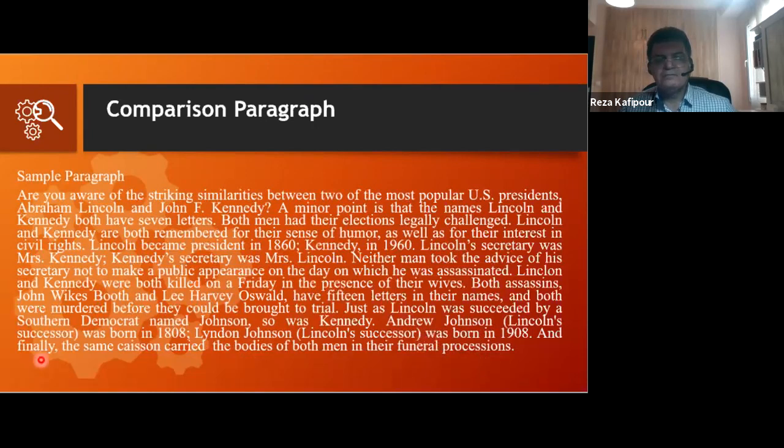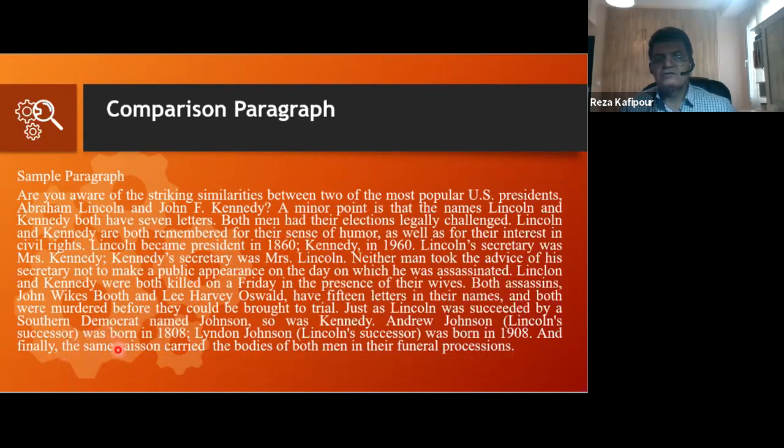And finally, as you see, finally was a kind of listing signal for an enumeration paragraph. If you remember, we said a listing signal for an enumeration paragraph can appear in all other types of paragraph. So, and finally, it shows we are going to discuss a less major supporting sentence or less major similarity between these persons: the same person carried the bodies of both men in their funeral procession.